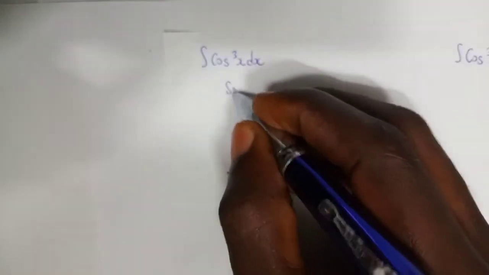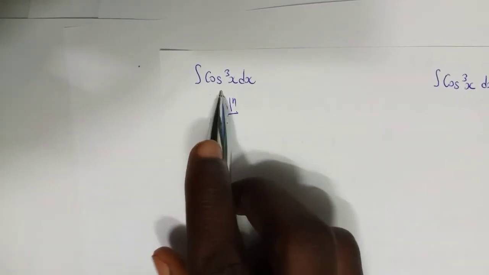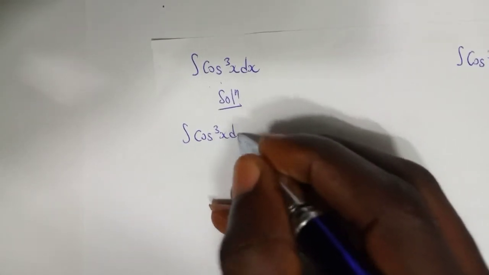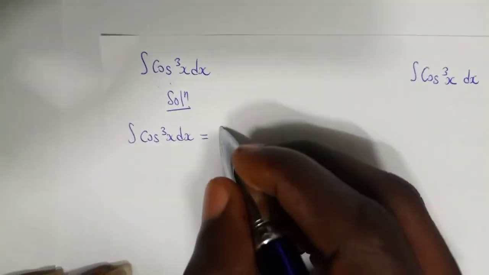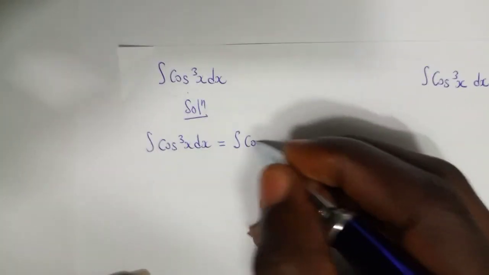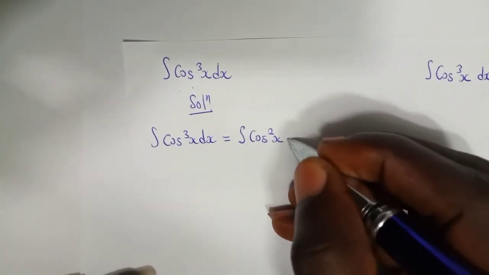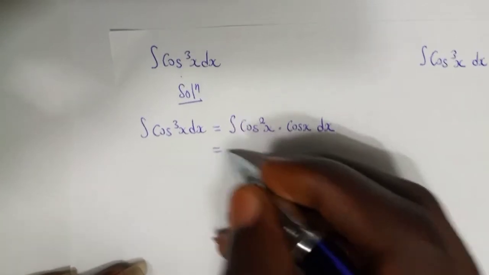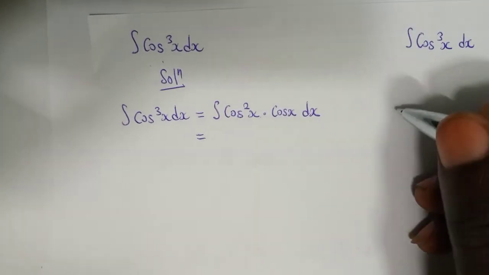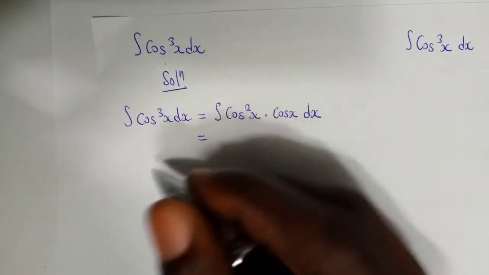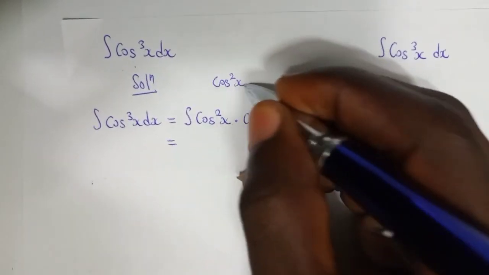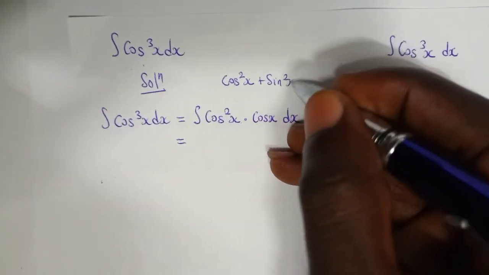Okay, so we have the integral of cos cube x dx. Here we are going to get the integral of cos square x times cos x dx. From the trig identity, we know that cos square x plus sine square x equals 1.